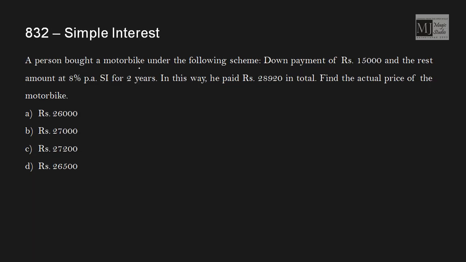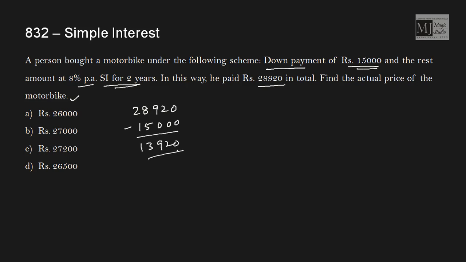A person bought a mobike under the following scheme: down payment of rupees 15,000 and the rest at 8% simple interest for 2 years. In this way he paid 28,920 in total. Find the actual price of the mobike. So 28,920, let's deduct the down payment first, and that would be 13,920.